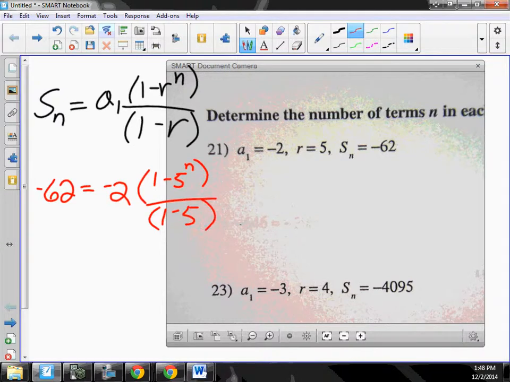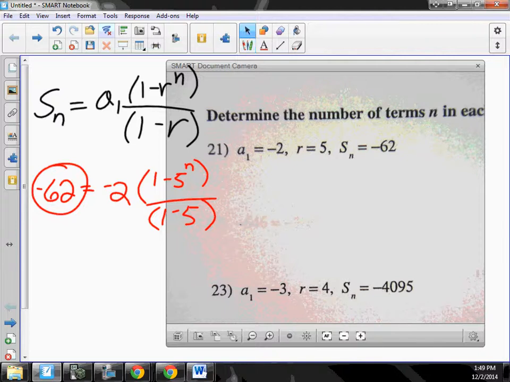I have the same problem here. I have an n in the exponent. If there's an n in the exponent, you don't know how to solve it, so plug it into your y equals and see where negative 62 is. Okay, now everybody do this because it's a little bit tricky to type this in.